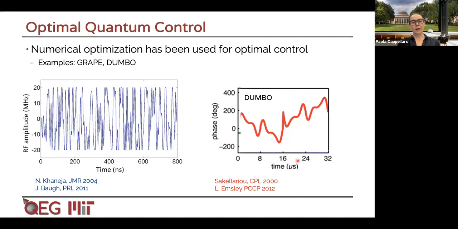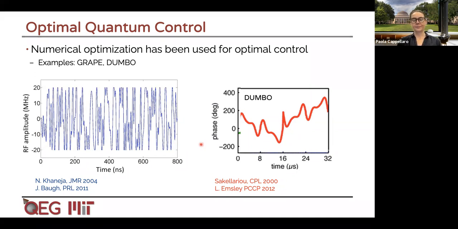For example, there is the very famous GRAPE algorithm by Navin Khaneja back in 2004, which was one of the first optimizations done for quantum information, where by tailoring the amplitude of the control at each instant in time, here nanosecond times, you can achieve much higher fidelities.